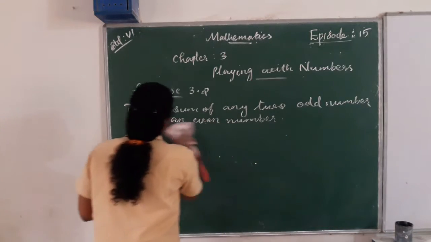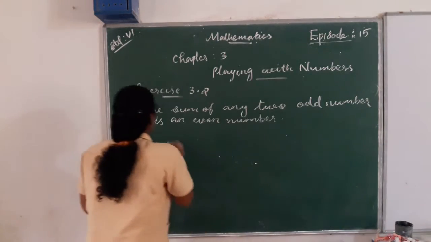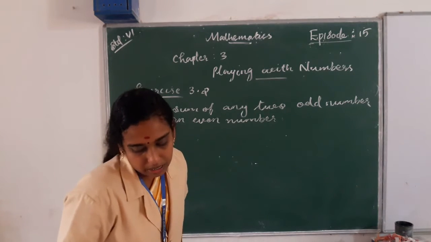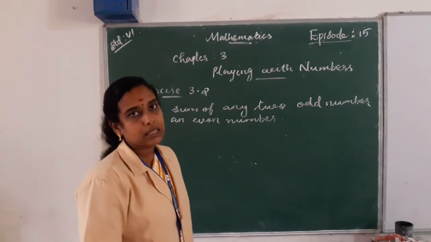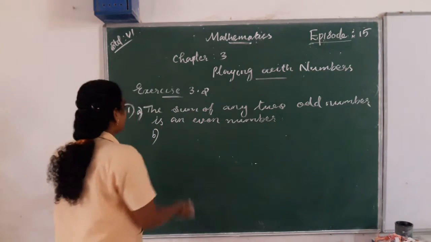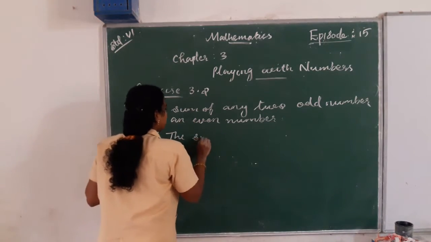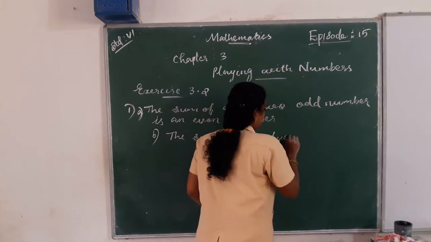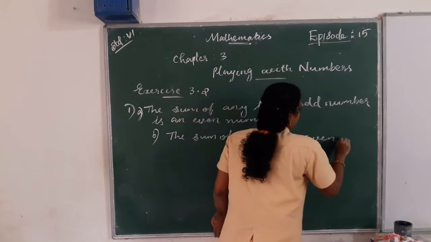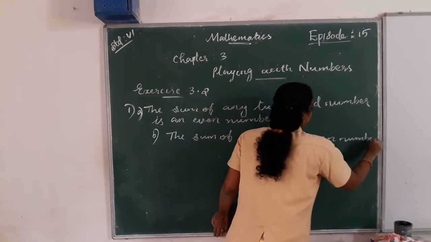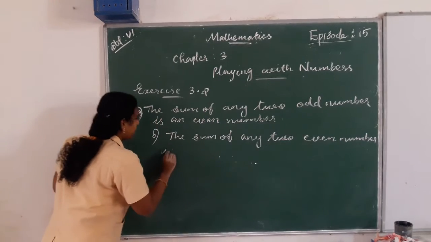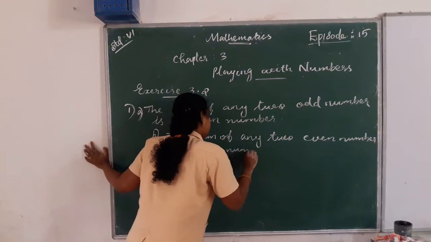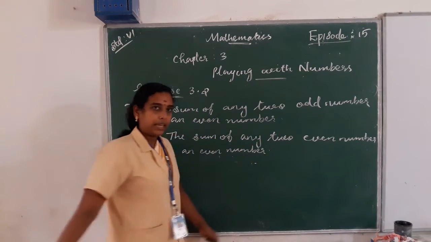And in question number 1, there is part B. What is the sum of any two even numbers? The sum of any two even numbers is also an even number.